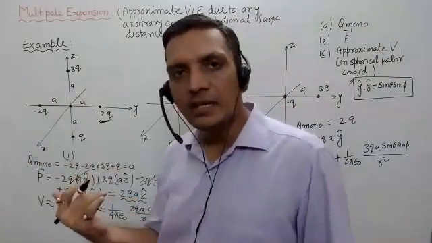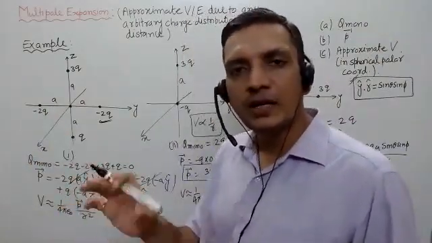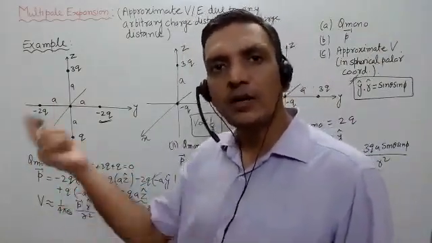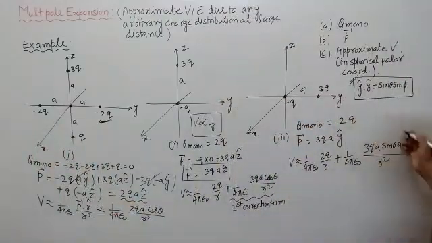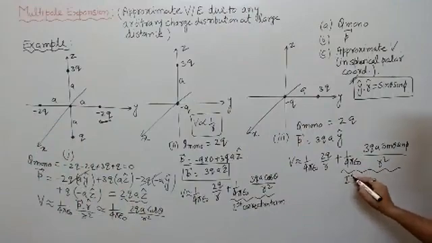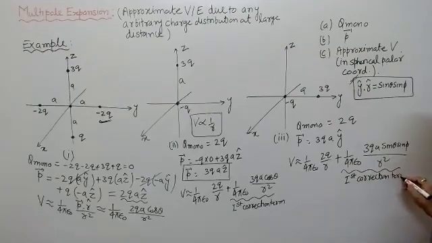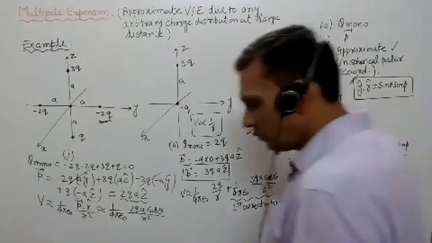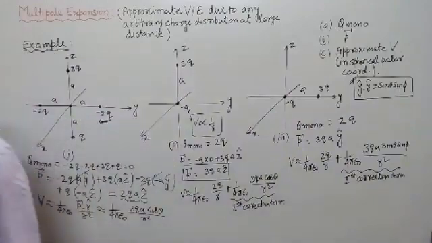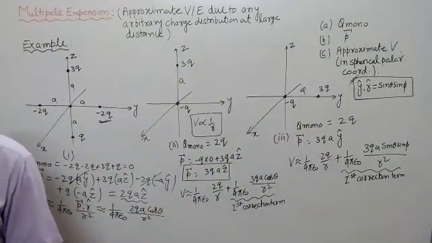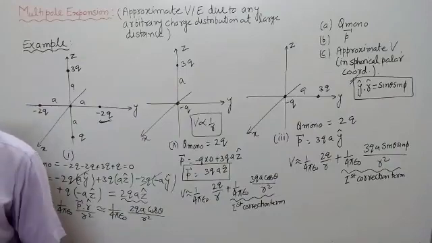If you take the projection in the xy plane, sine theta, so x dot r cap is sine theta cos phi, y dot r cap is sine theta sine phi. So I have written it in spherical symmetry. This is the first correction term. So you can easily find q mono, dipole moment and the approximate potential.